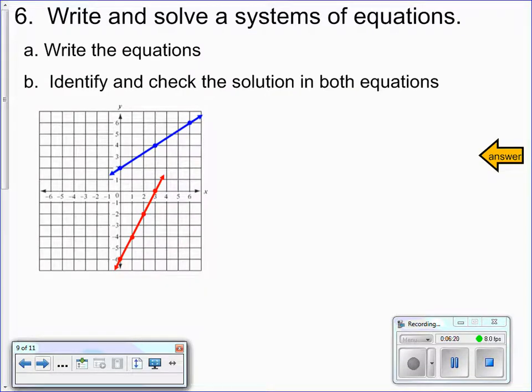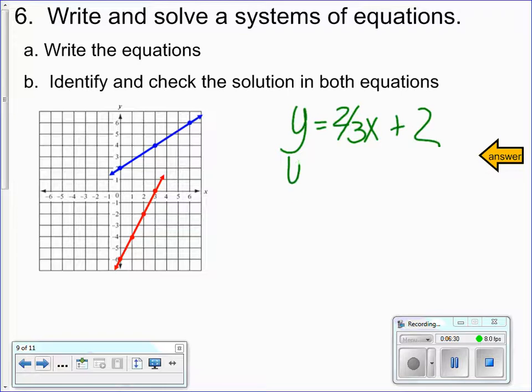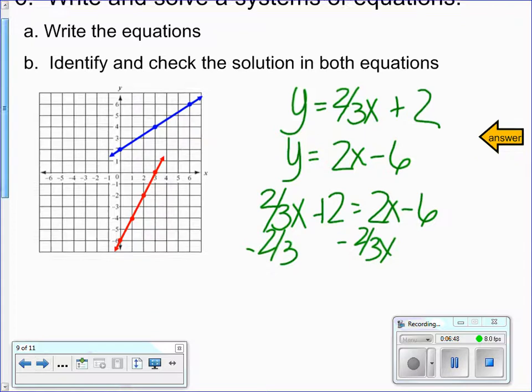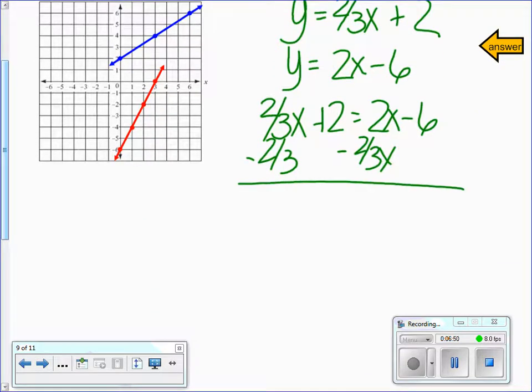From a graph, we need to write the equations for each of those lines. The blue line is y equals 2/3 x plus 2. The red line is y equals 2x minus 6. They both equal y, so they equal each other: 2/3 x plus 2 equals 2x minus 6. Subtract 2/3 x from both sides, and that gets me 2 equals 4/3 x minus 6.